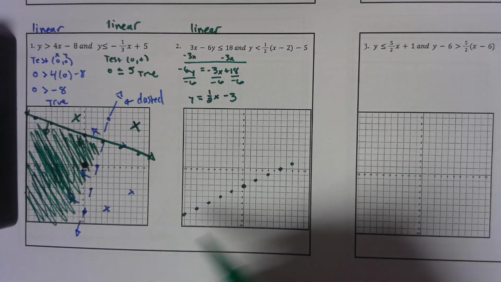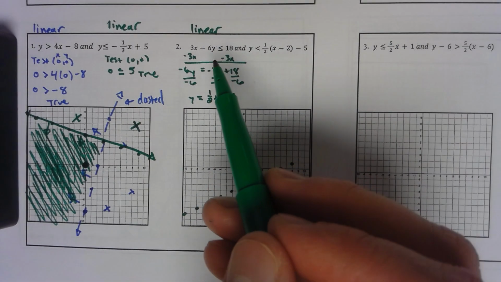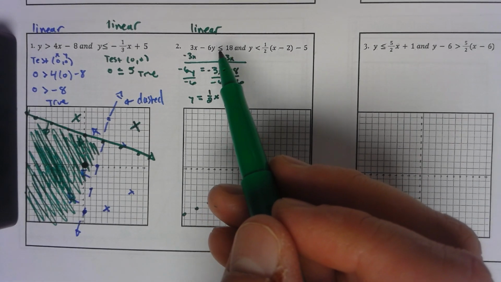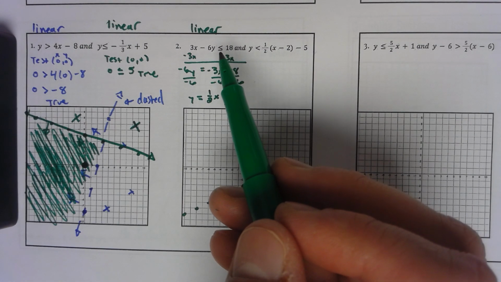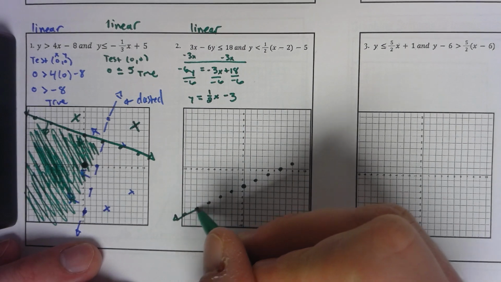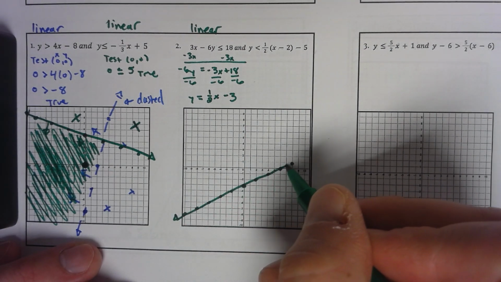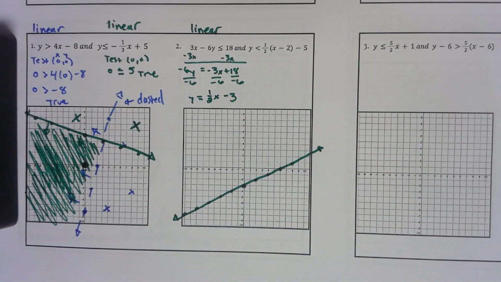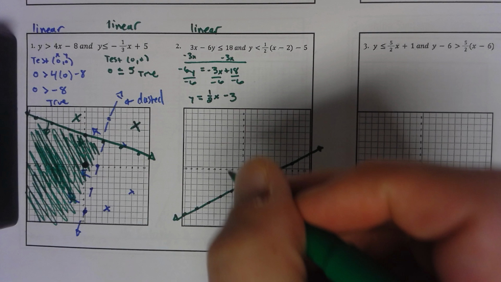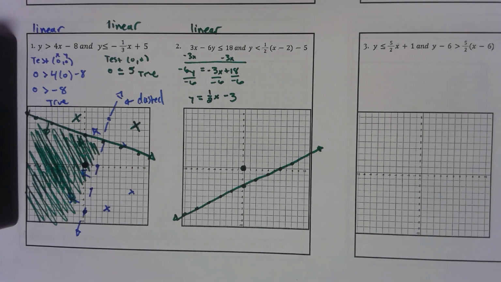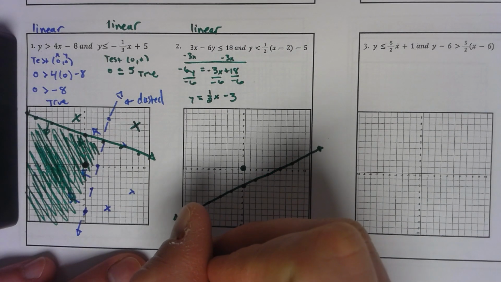And now to deal with the inequality part, I'll come back to where my inequality started and check what the symbol was. It was less than or equal to, where the equal to part tells me to connect these in a solid line. And then we need to test and see where to shade. So this time, 0, 0 is above our line. So I'm going to test 0, 0.